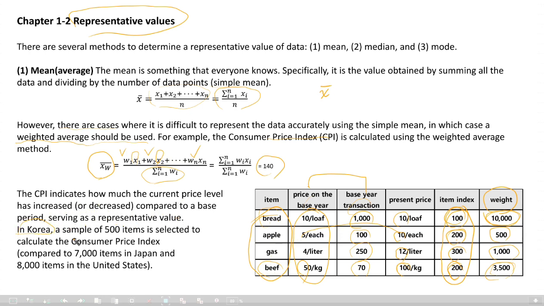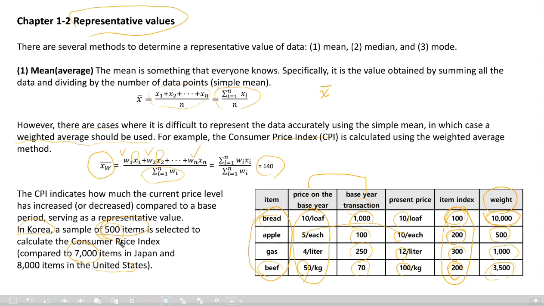In Korea, 500 items are chosen to get the consumer price index. But Japan, they choose 7,000 items. United States, they choose 8,000 items. Relatively, it's too few items to represent the transactions in the market.